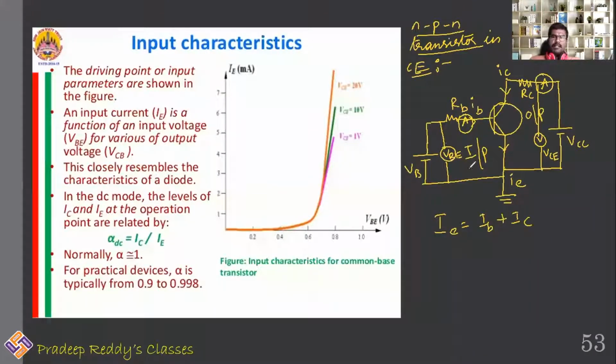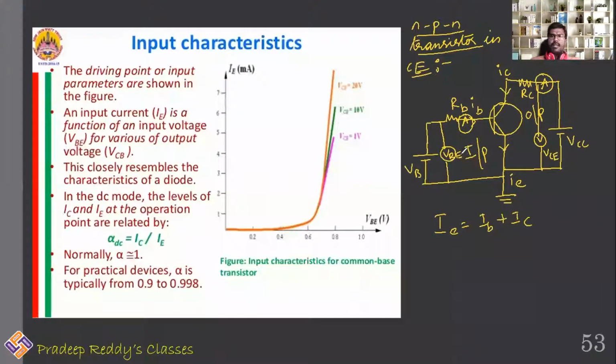So when we are characterizing input characteristics of a junction transistor, you need to remember that both the junctions should be connected in such a way. First junction is in forward bias, second junction is in reverse bias. When these two junctions are being operated, you need to provide some voltage, and that voltage should be greater than the knee potential of the two junctions.